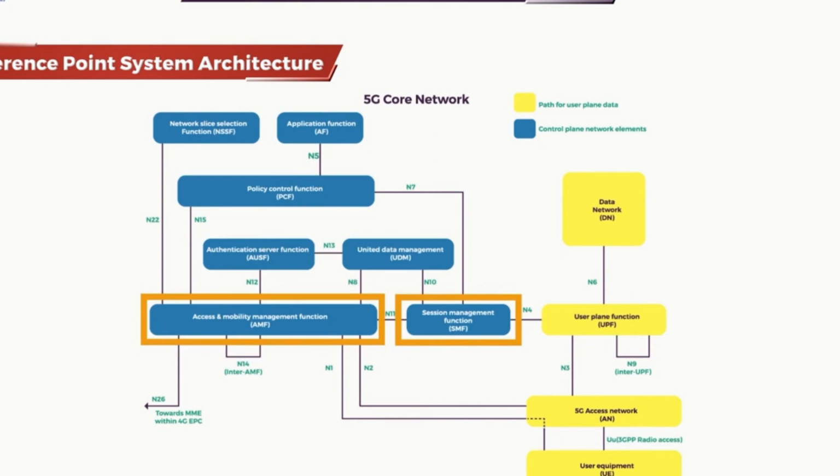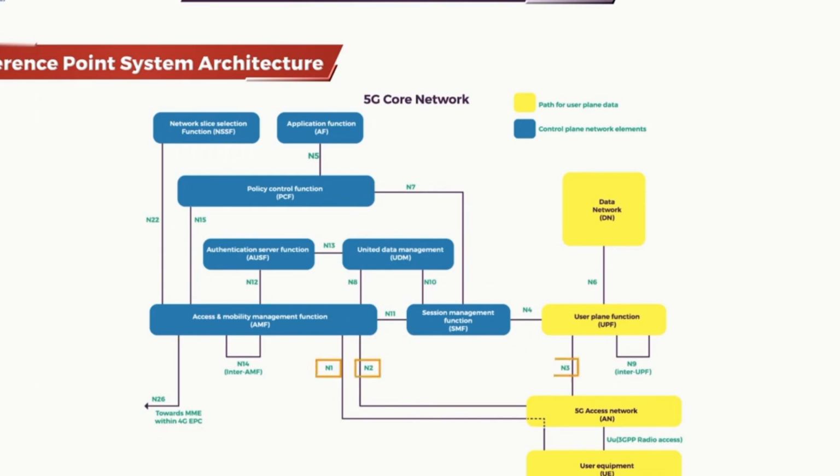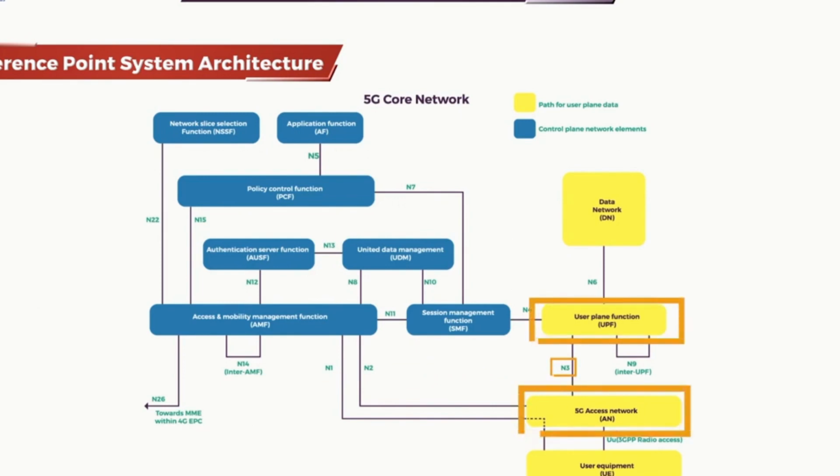The point-to-point interfaces connecting the network elements are labeled as N1, N2, N3, etc. These interfaces are known as reference points within 3GPP. For example, N3 is the reference point between the 5G access network and the user plane function.